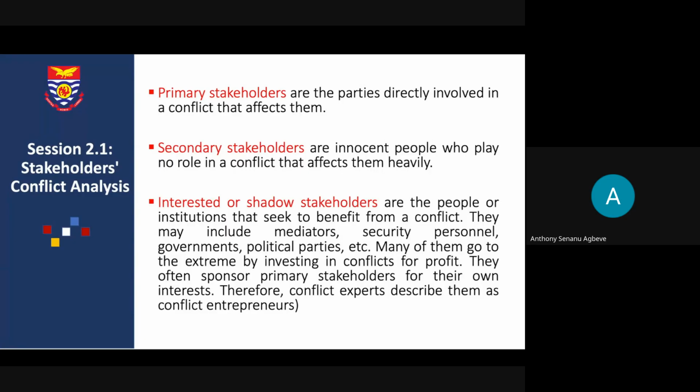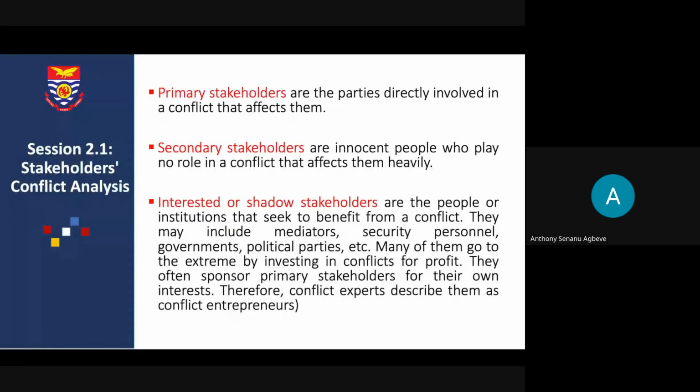So they provide financial support so that people can buy guns and ammunition to engage in whatever is ongoing. So these are individuals we term as shadow stakeholders.